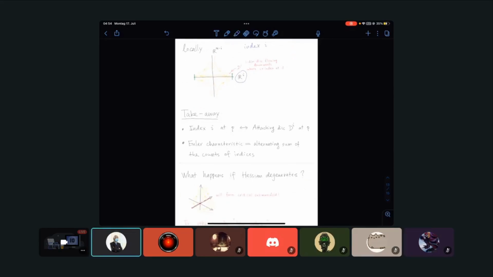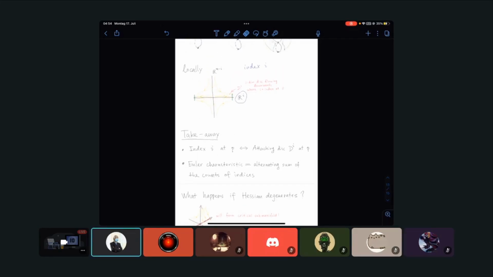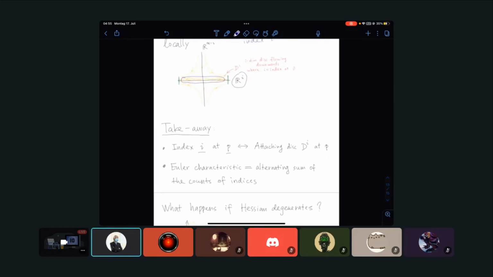And then the takeaway of Morse's lemma is really saying that the index at a critical point will tell you how this decomposition is going to happen, like what's the dimension of the disk you're going to put on this critical point P. So if you have index I at P, you're supposed to construct such a unit disk and then flow it down the gradient flow lines. And by doing this, you're attaching a disk D^i at P.